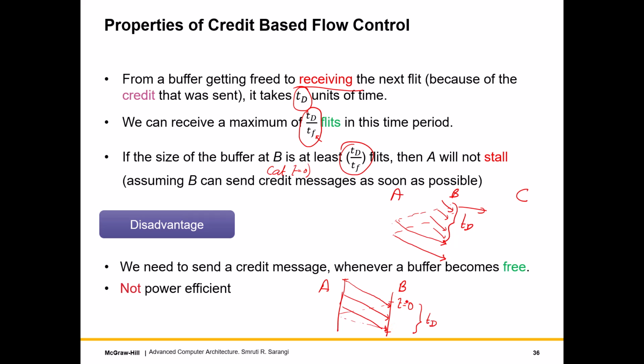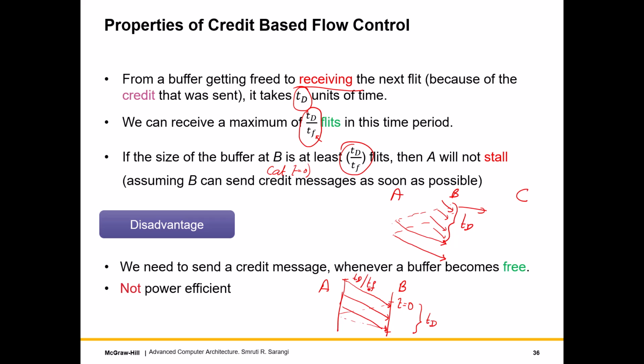There are different ways to think about it, but the clear point we are trying to make is that in this time period, which is your response time period, when A cannot respond to the credit that you have sent, if you still want enough message transmissions to be there, this means that A needs to have TD by TF credits at this point of time.